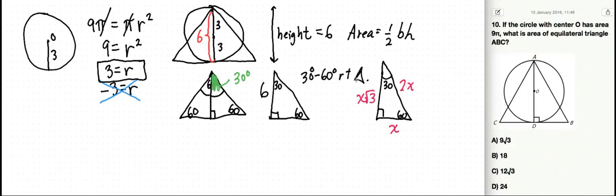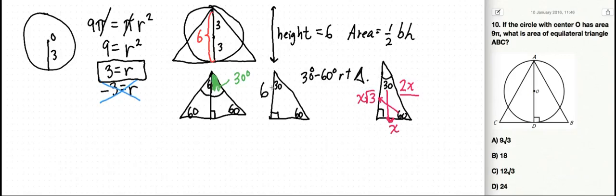That means that in any 30, 60 right triangle, the shortest side is across from the 30. It's your base side, call it x, which makes the hypotenuse twice as long, 2x, and then the side across from 60 is square root of 3 times your base side. That's a fixed ratio for all 30, 60 right triangles.